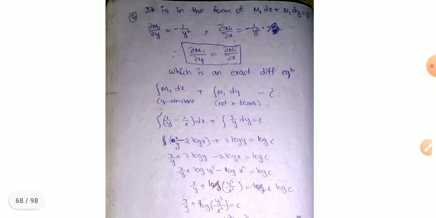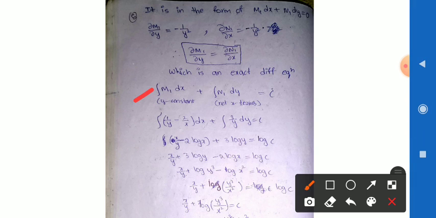Then solving this exact differential equation, we have integration of m1 dx, where in this integration I am taking y as a constant, plus integration of n1 dy. Here n1 does not contain the x terms, that is equal to c.